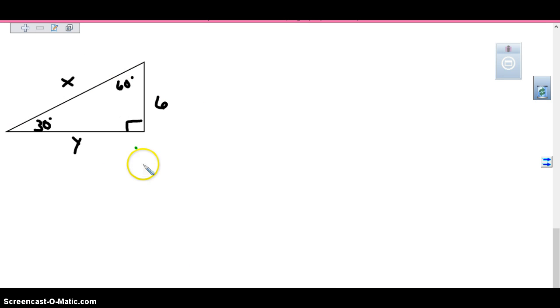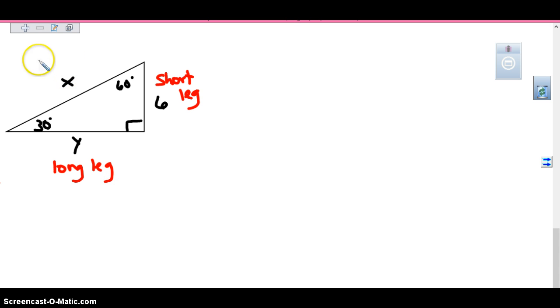If we have this triangle and we have to find the unknown lengths, x and y, what type of triangle is this? 30, 60, 90. So it's a special type of right triangle. Can we identify the sides? What is 6? Short leg. What is y? Long leg.